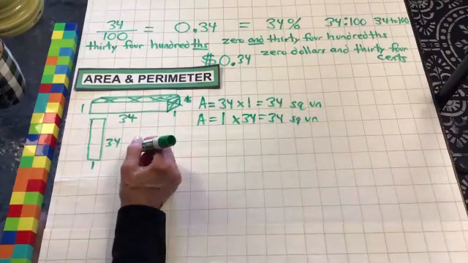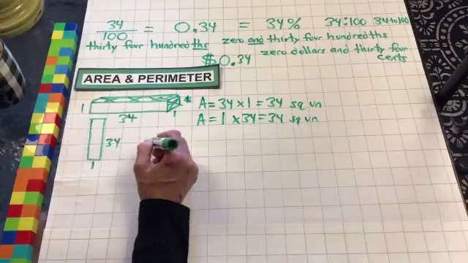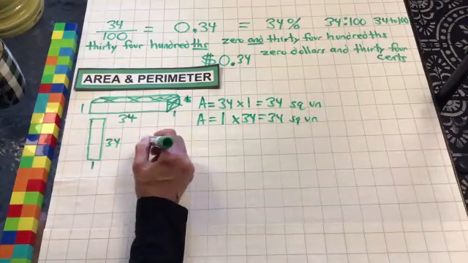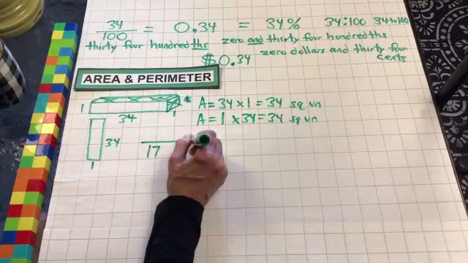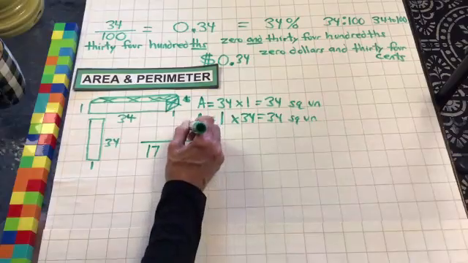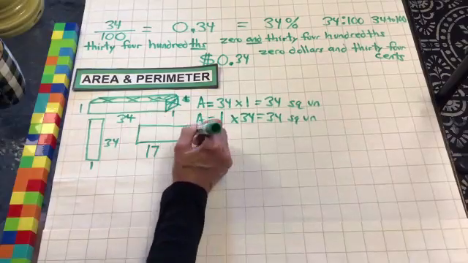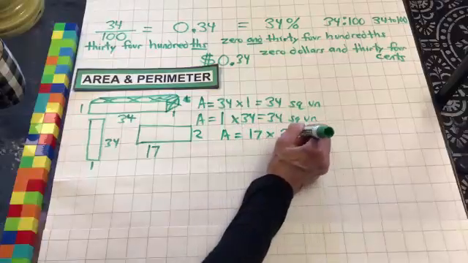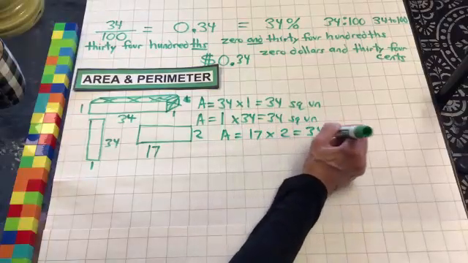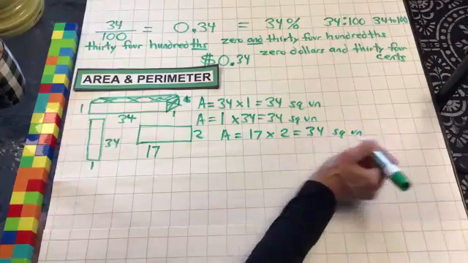All right, let's go on to the next grouping, which would be, let's see, 17 by 2. So that would be 17 long by 2 tall. We're just pretending. 17 times 2 equals 34 square units.